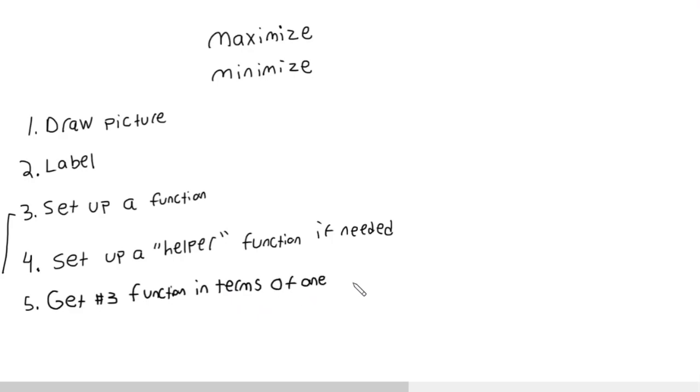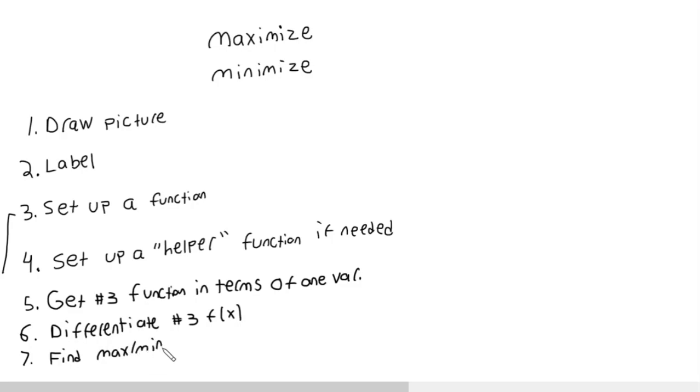And then it's really just straightforward from here. Differentiate the number 3 function. I'm just going to write f of x for the function, and find the max or min. And we're done. That's really the main steps behind it.